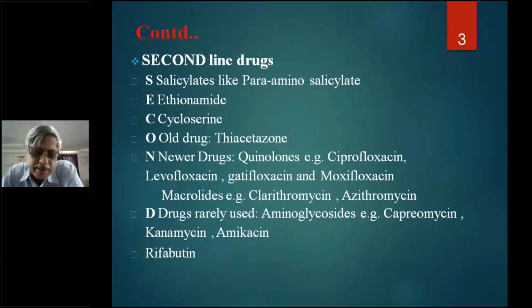In 1944, Waksman invented streptomycin. Streptomycin was the first drug to treat tuberculosis. After streptomycin, what are the other drugs? Other drugs are para-amino-salicylic acid. We must know these drugs, whether you are using them or not. Of course, in some cases of resistant infection, we may be using them, but you must know the history also.